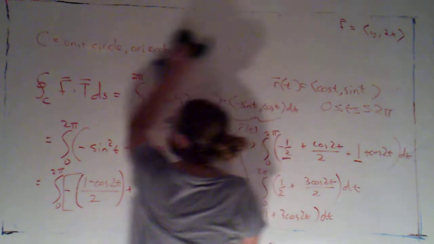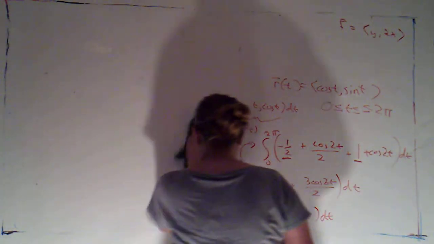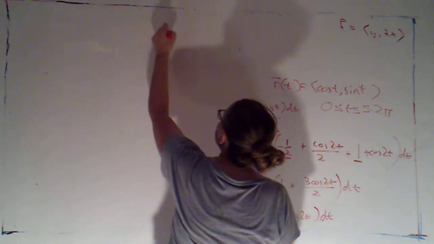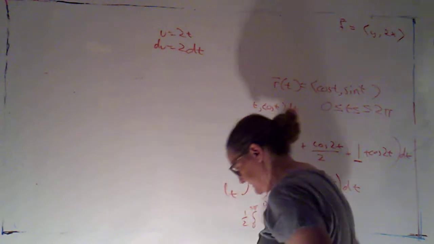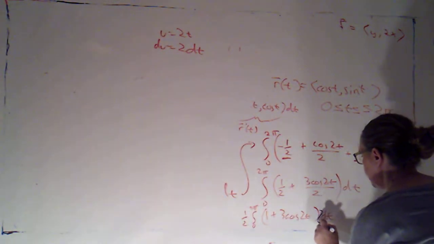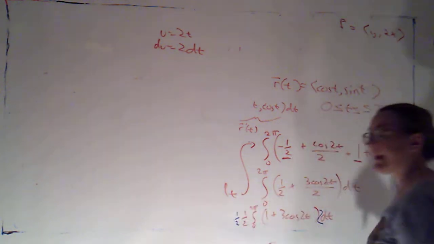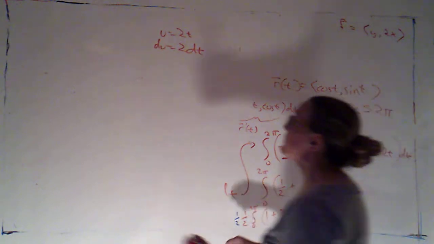All right, so let's do a u substitution. We'll let u equal 2t so that du is 2 dt. That means we need to introduce a 2, counterbalanced with a 1/2 on the outside, and so now we've got 1/4 on the outside.